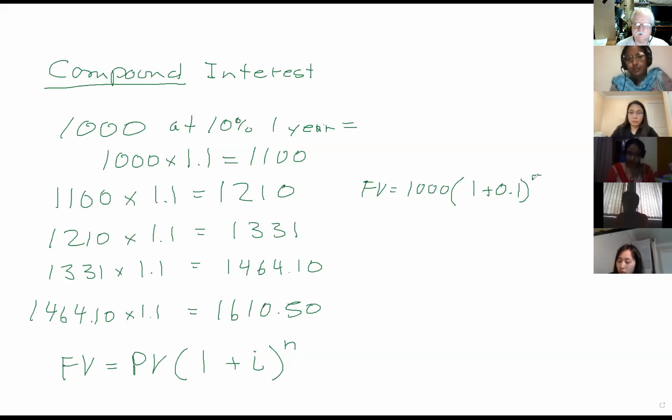And we're going to do this to the power of 5. So let's see if it actually gives us the same answer. 1.1 y to the x 5 times 1,000. And for some reason I get an extra penny. I don't know why.